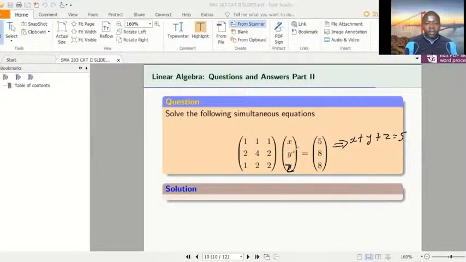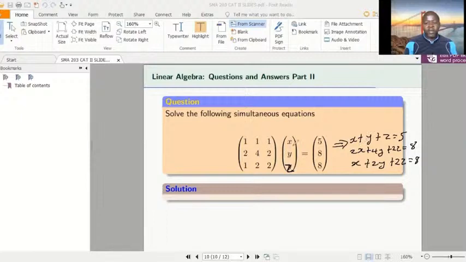And this row and this column, I would have 2x plus 4y plus 2z is 8. This row and that column, I would have x plus 2y plus 2z is 8.